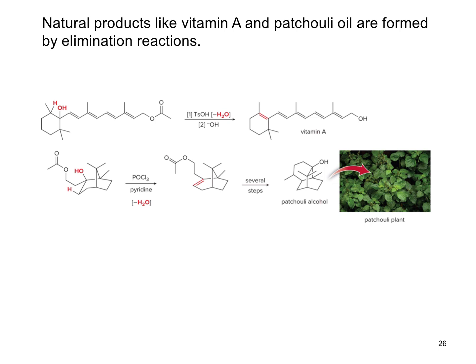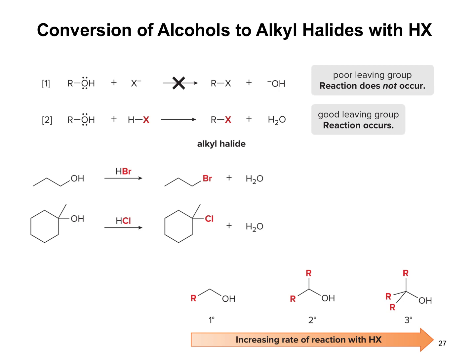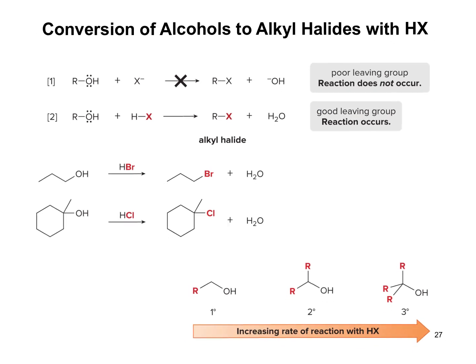Now, alcohols can also be converted to alkyl halides, and that's what we're going to spend the rest of our time talking about in this screencast. When we talk about the conversion of alcohols to alkyl halides, it's important to remember that substitution reactions do not occur with alcohols unless the OH here is converted into a good leaving group. So what do we mean by this?